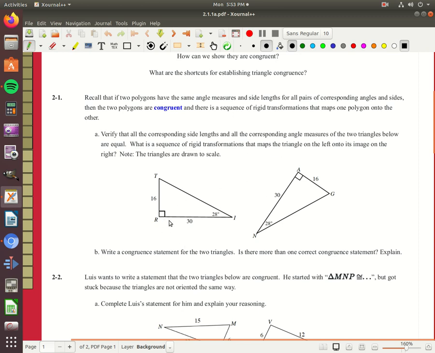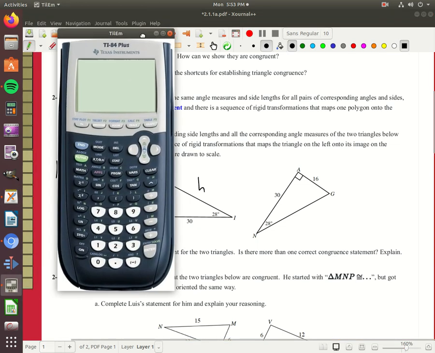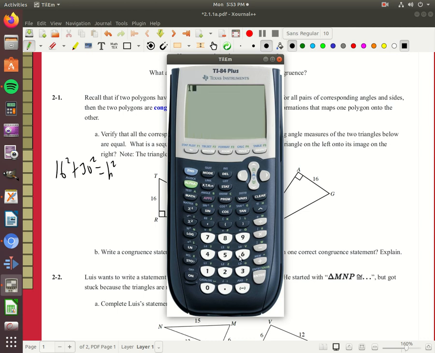Well, first of all, they want us to understand 2 thoughts. One is the Pythagorean theorem, the idea that 16 squared plus 30 squared should equal the hypotenuse squared, right? So if we do some math on this, I'm going to go ahead and do this with the calculator: 16 squared is going to equal 256, and 30 squared, I believe, is 900, right?